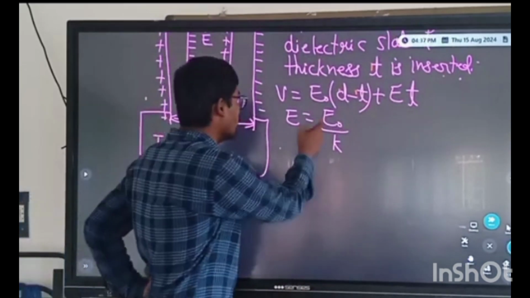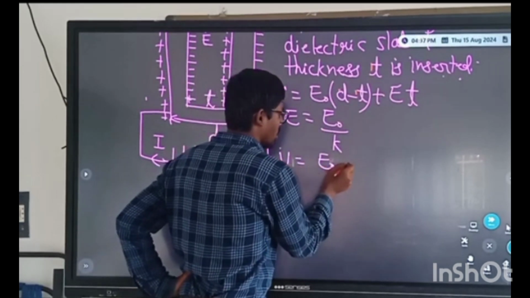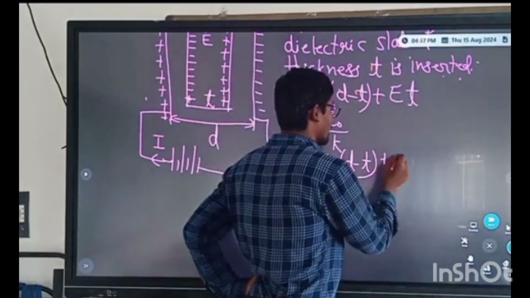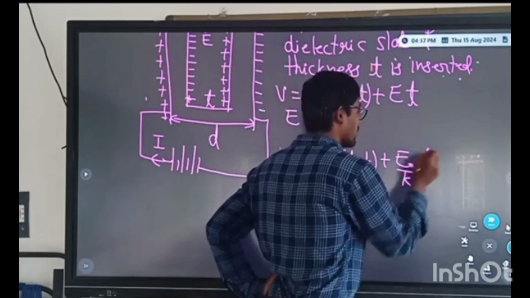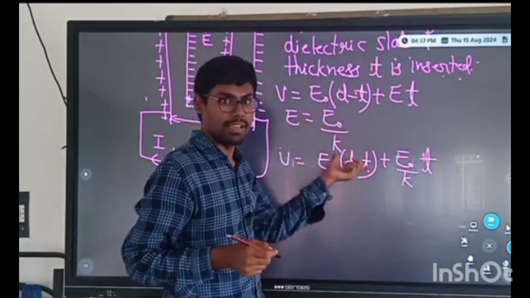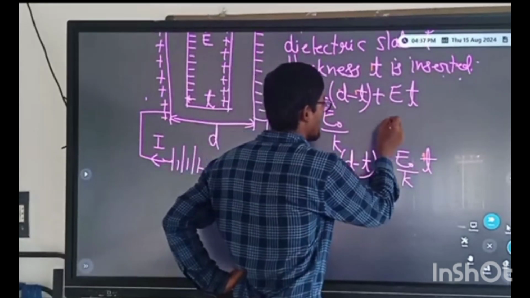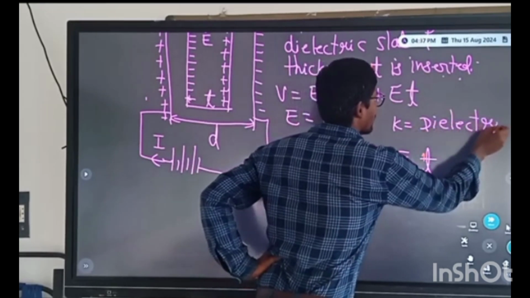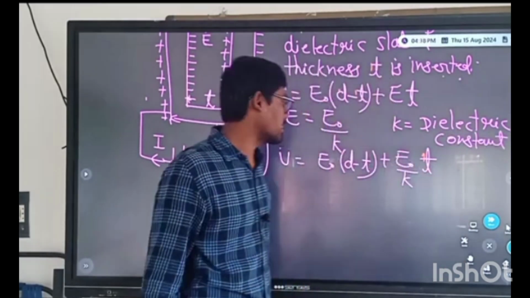We will substitute the value of E. So V is equal to E naught into D minus T, plus E naught by K into T. We substitute E equal to E naught by K, where K is the dielectric constant.